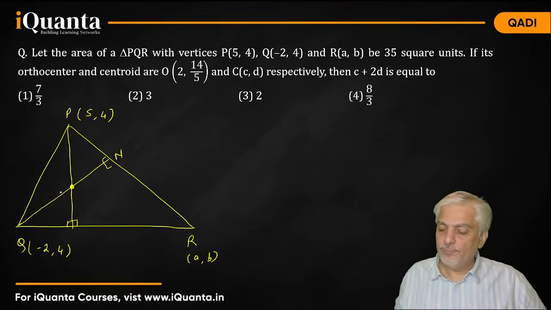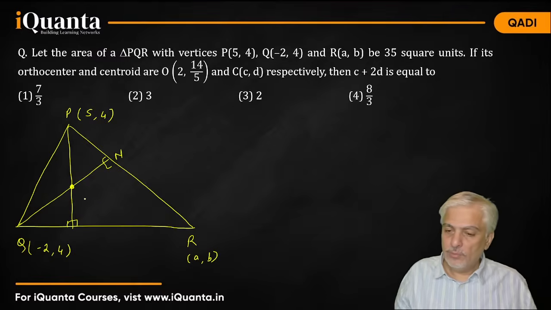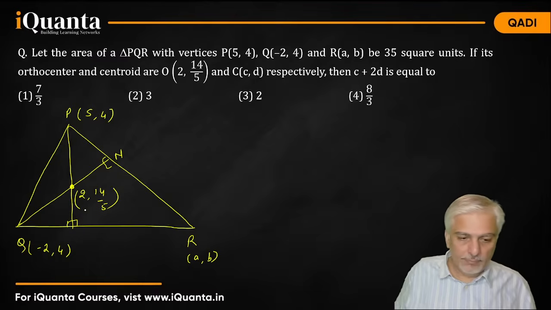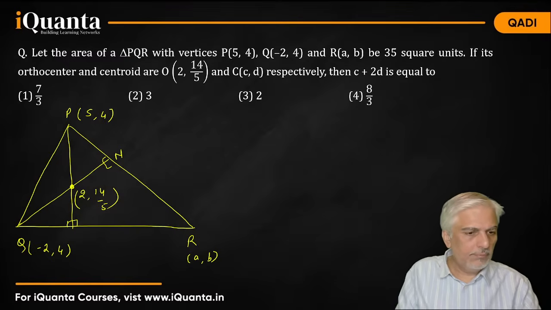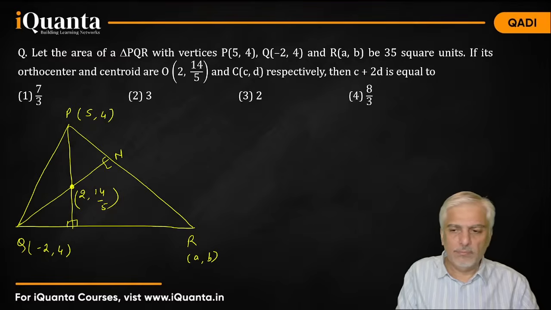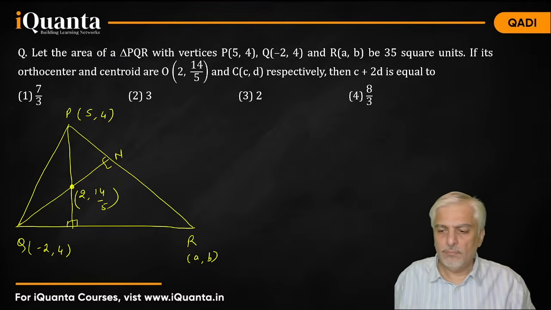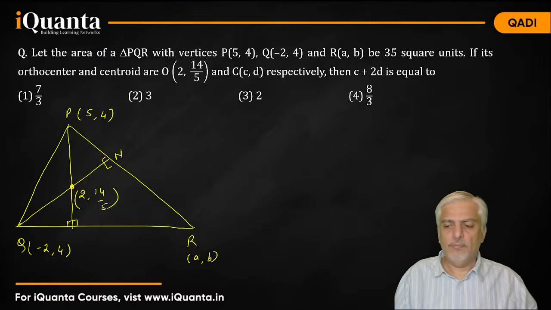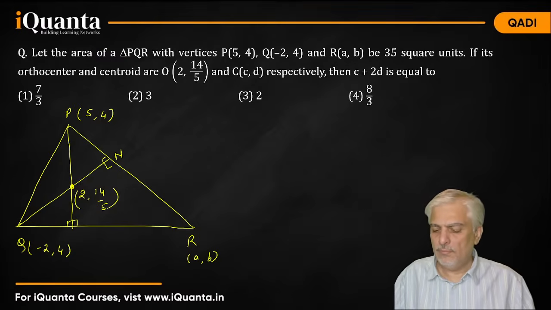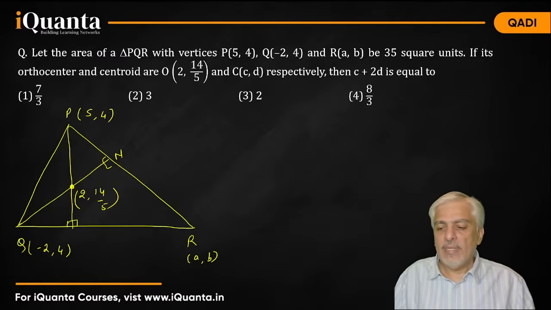Orthocenter. Orthocenter is how much? 2 comma 14 upon 5. Yeah, how many people got it?